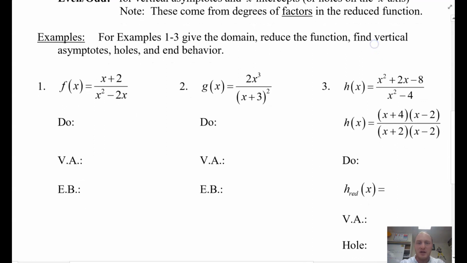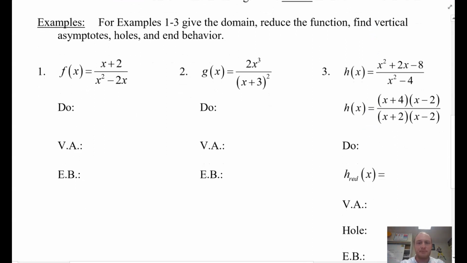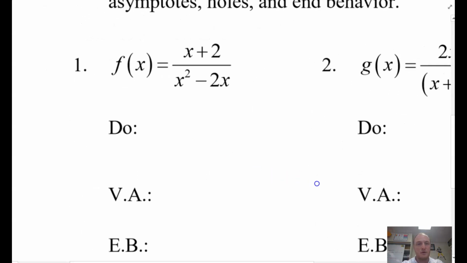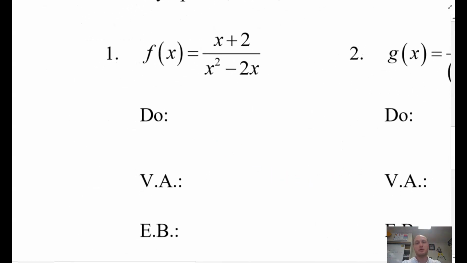All right, so here are the first three examples that we'll look at, and we're asked to give the domain, reduce the function, find asymptotes and holes, and then talk about the end behavior. So for example 1, x plus 2 over x squared minus 2x. In this case, we're going to factor the denominator, x times x minus 2.